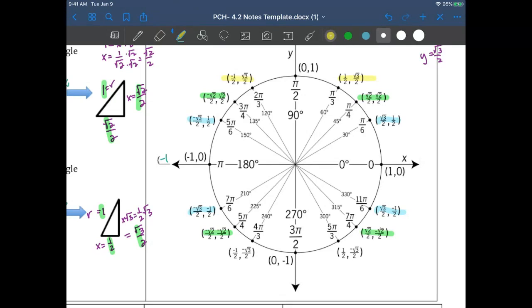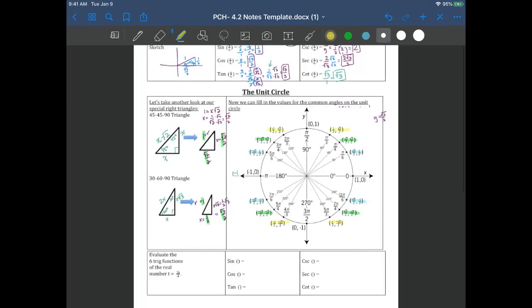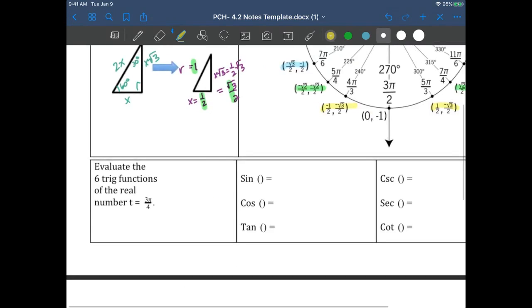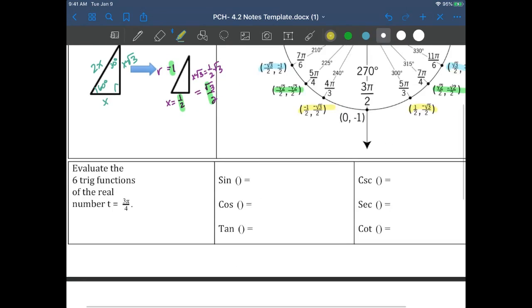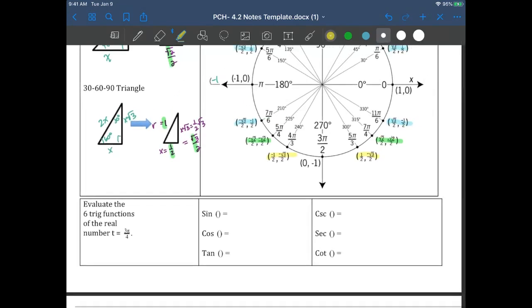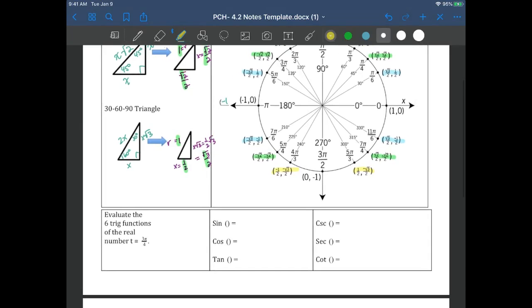Same with the pi over 3s. Okay, so they all kind of use the same first quadrant triangles to figure out the coordinates for the rest of the circle.